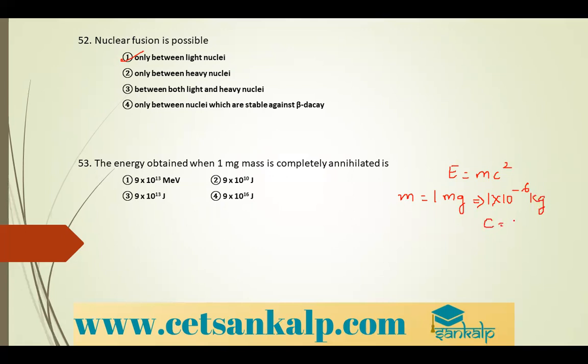C is 3 into 10 to the power 8 meter per second. So E is equal to 1 into 10 to the power minus 6 into 3 into 10 to the power 8 whole square. So it is 9 into 10 to the power 16 into 10 to the power minus 6. So it is 9 into 10 to the power 10 joules. So option B.